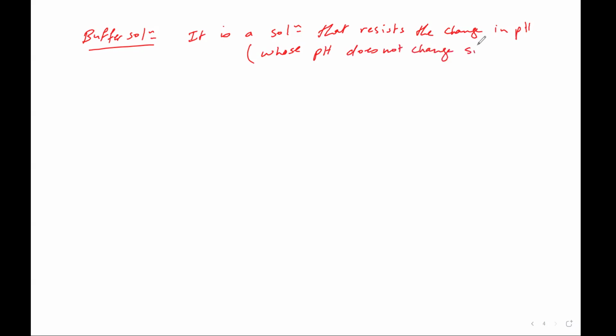Either you say this or that. This is a mark. And then you have to say on the addition of a small amount of an acid or a base.